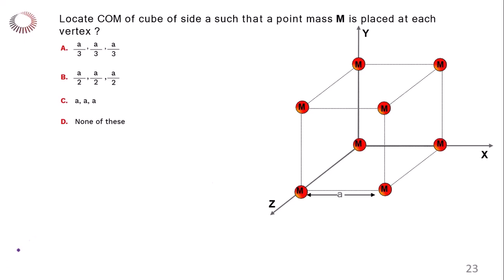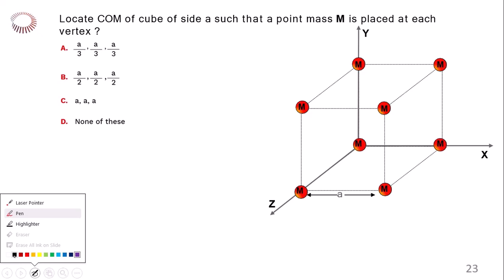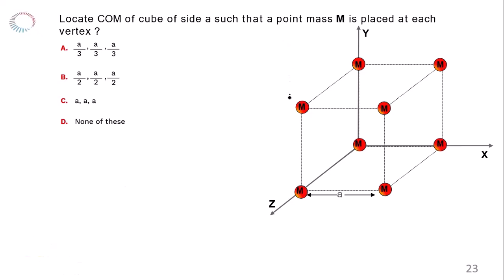Okay, so let us say these are the 2 particles, 1 and 2. These two are symmetrical particles.